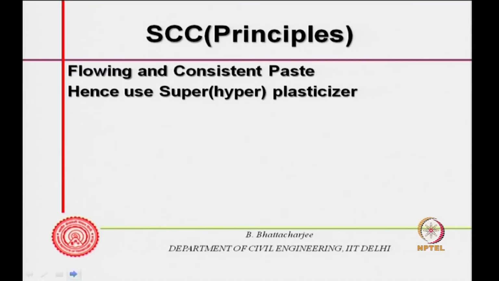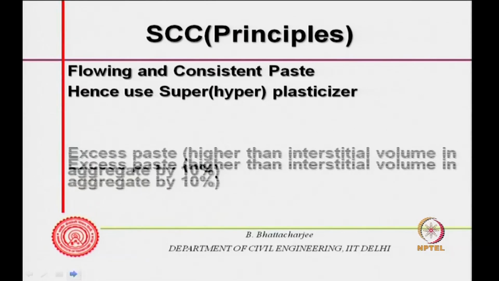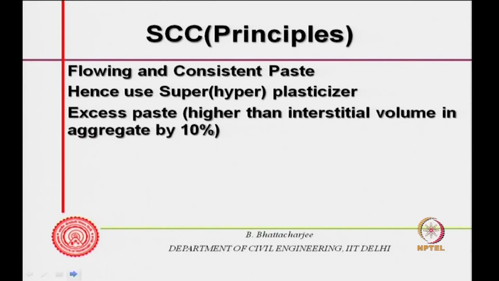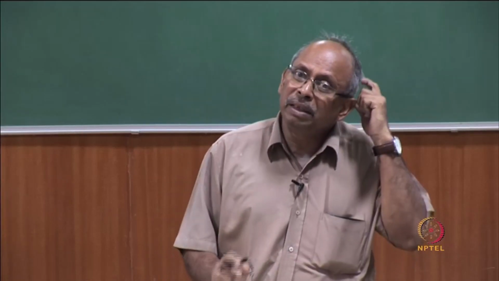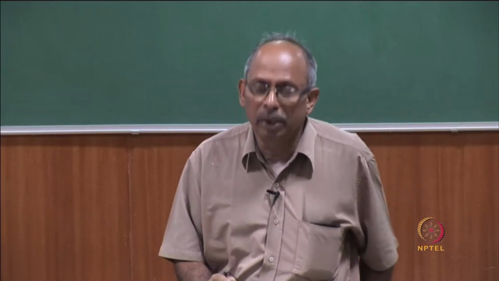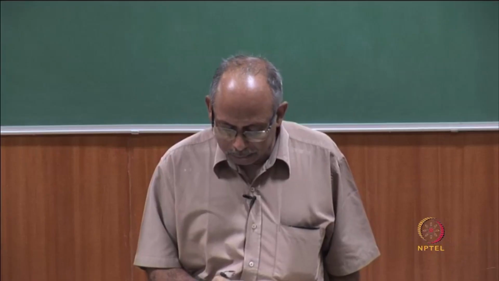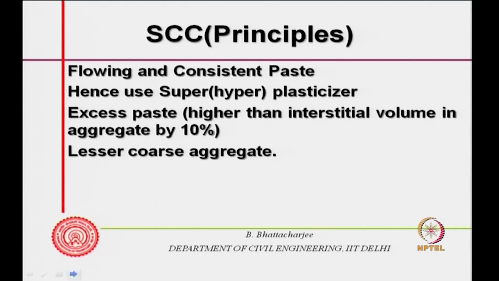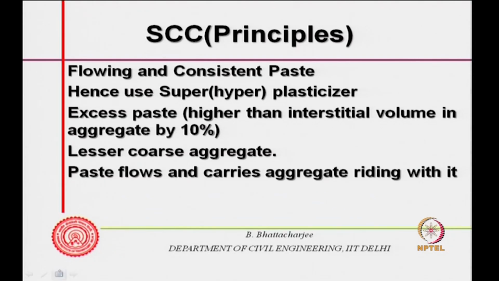Hence, hyperplasticizer use is a must, and I must have excess paste higher than the interstitial volume in aggregate by at least 10%, because paste is the one which flows. I will explain through a diagram later on. Lesser coarse aggregate obviously will be the reason. You have high paste, less coarse aggregate, and the paste flows and carries the aggregate riding with it.